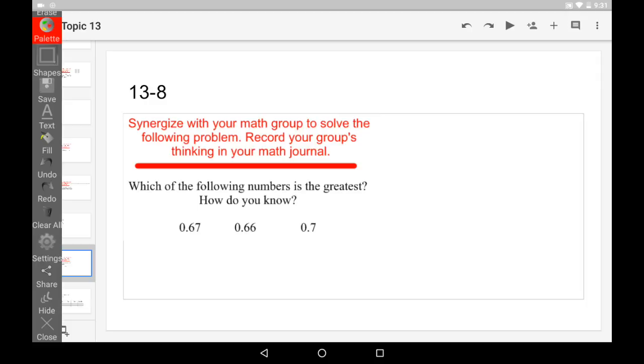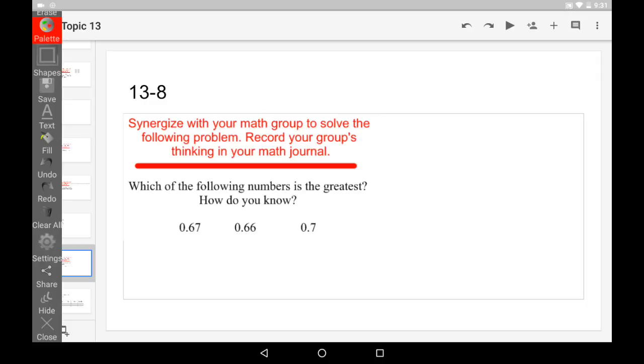If we have more than two numbers, how do we order them from either smallest to largest or largest to smallest? And again, we're going to use place value to help us with that. And that's why place value is important in understanding how the different place values relate to each other and how we can use those place values to help us when we are looking at different numbers.